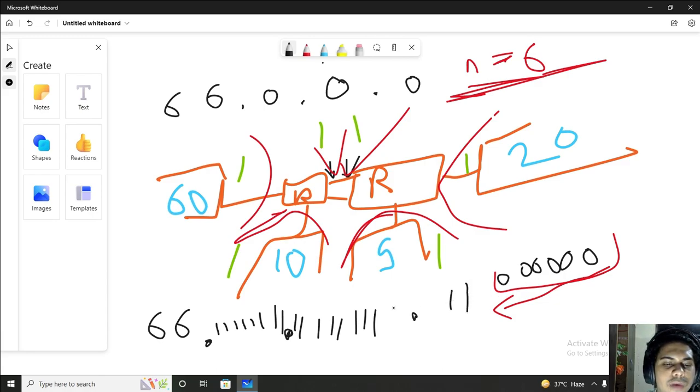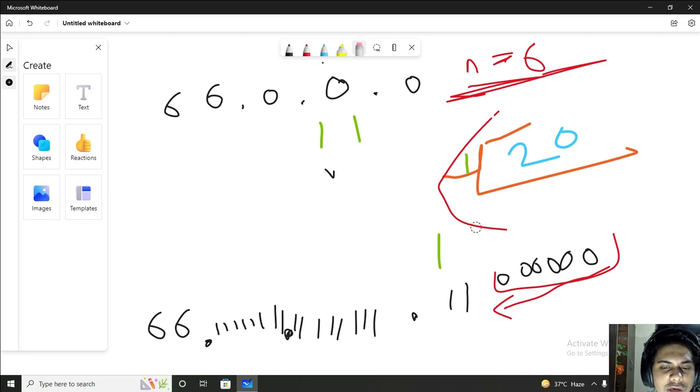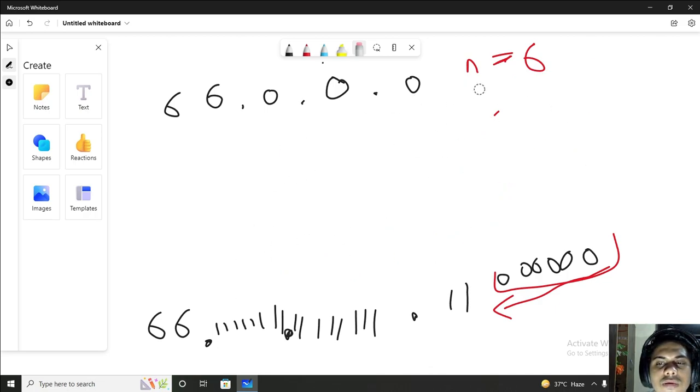Now let me rub this diagram, because I think there is no need of it right now. As you all know, let me write it with my blue.